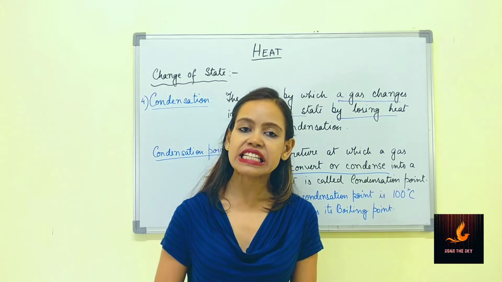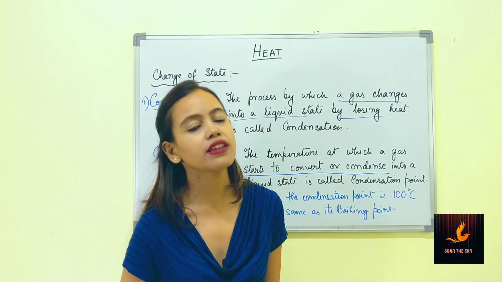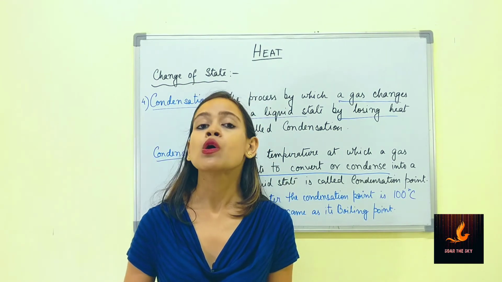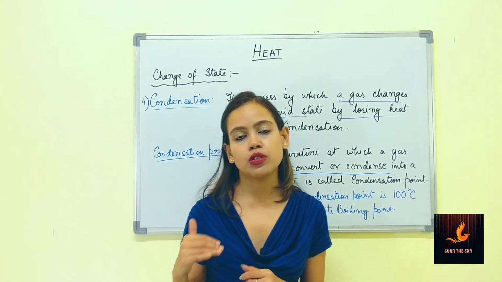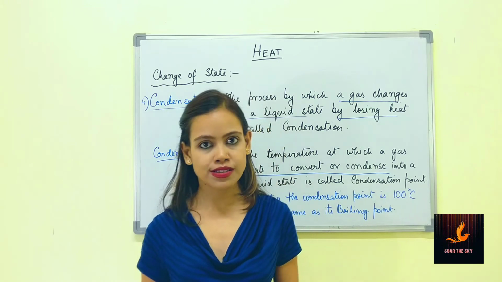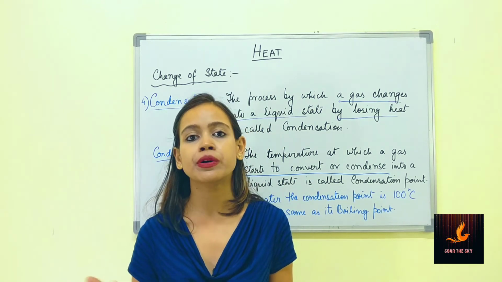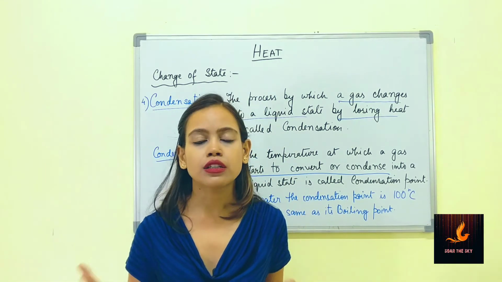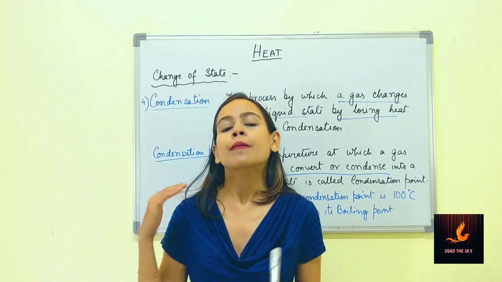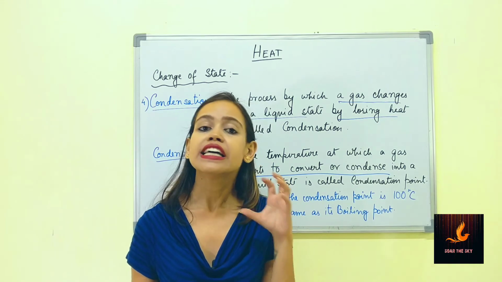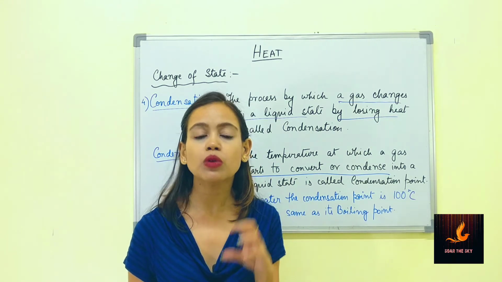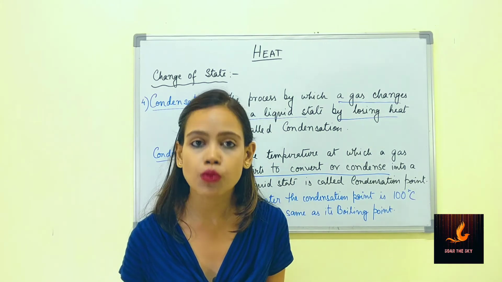Condensation is very easily seen all around us. I can give you a very good example. When the water evaporates after reaching a particular temperature during the hot summer days, it forms water vapor and the air starts to gather it. But when the air gets cooled down, it loses heat. It does not have the required amount of heat to carry those water vapors.